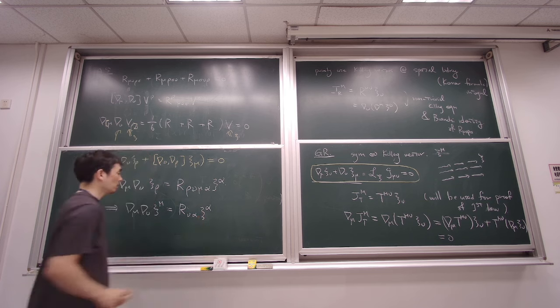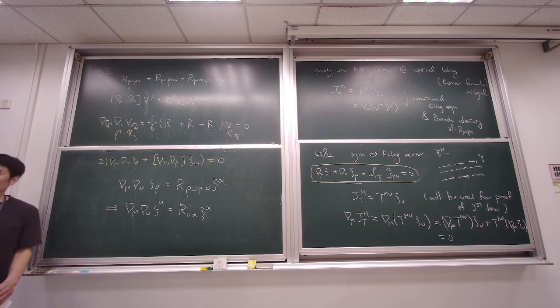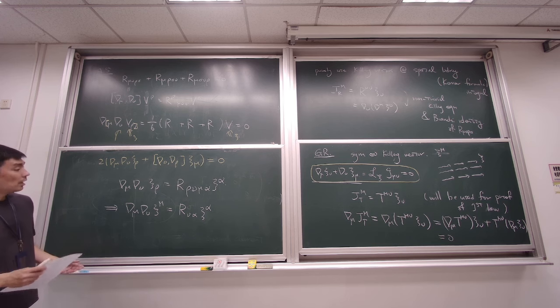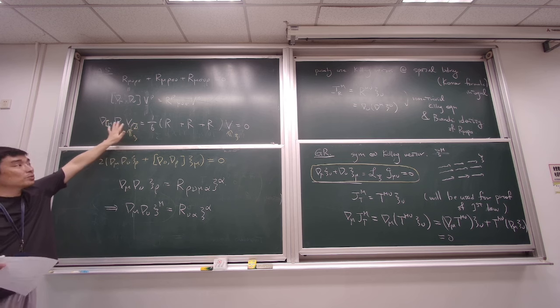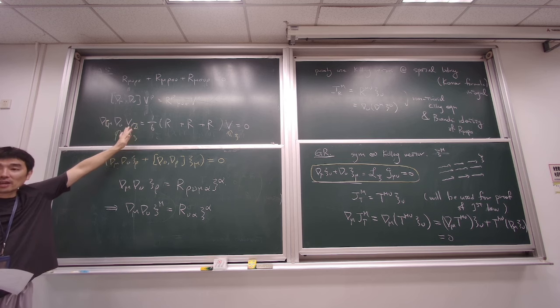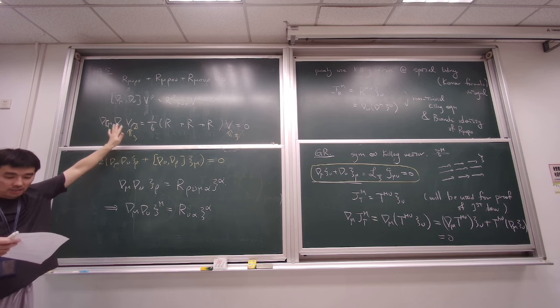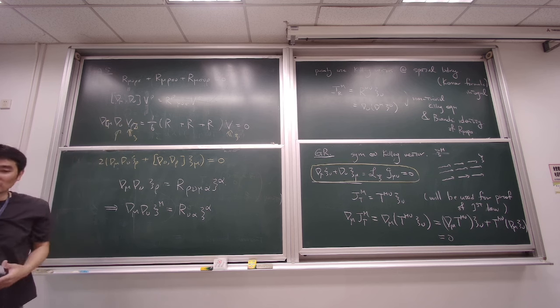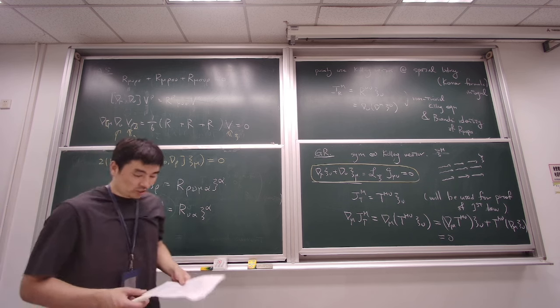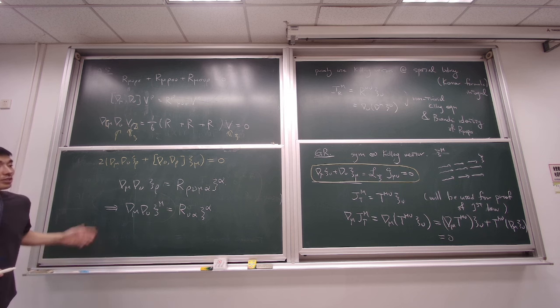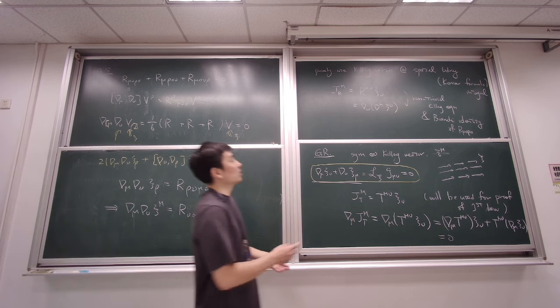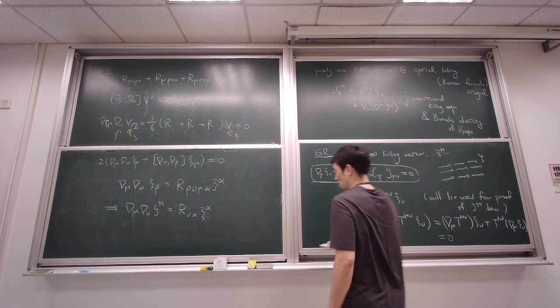So that's the derivation. If you want to know about the detail, I already wrote down the detail, the transformation rule, in the lecture notes, so you can just follow the appendix. But anyway, that's the derivation, and then you get this one. So this is the case.